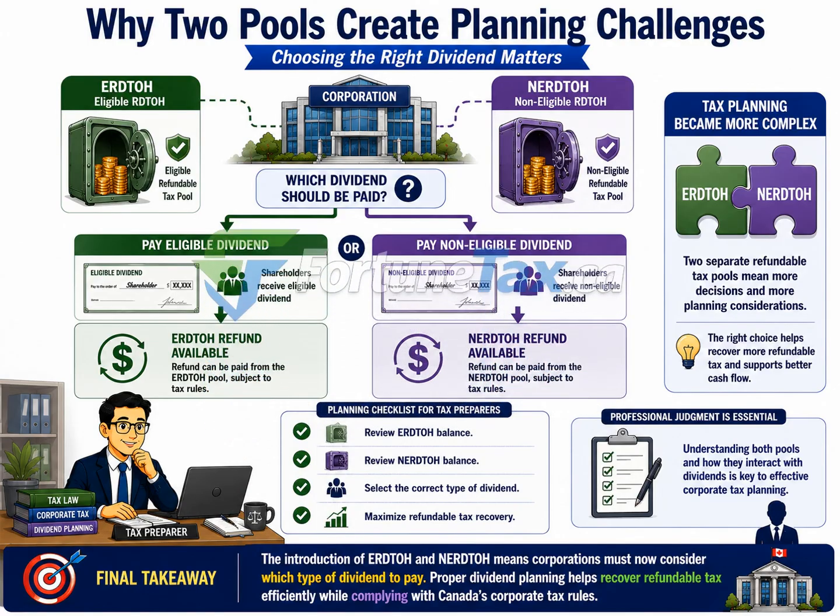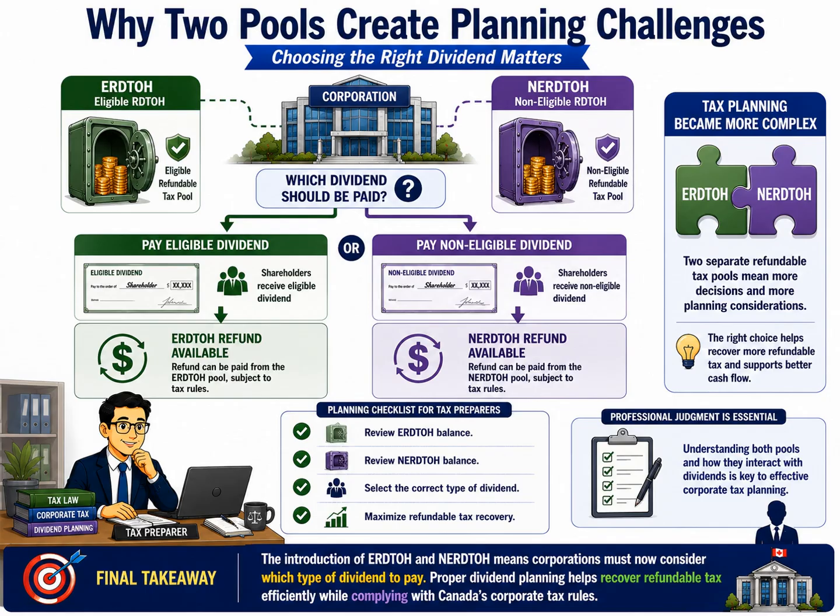Does it have a NERDTOH balance? Which type of dividend is appropriate? And which choice allows the corporation to recover refundable tax in the most efficient manner while remaining compliant with the tax rules? Fortunately, professional tax software keeps track of both refundable tax accounts and performs the necessary calculations automatically.